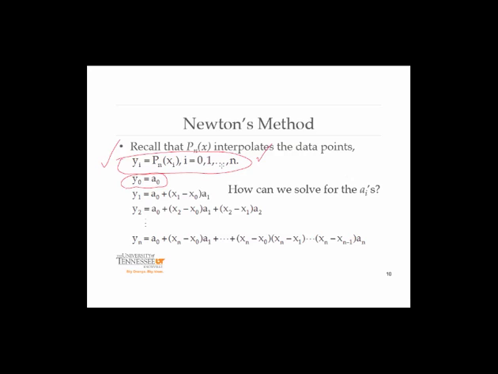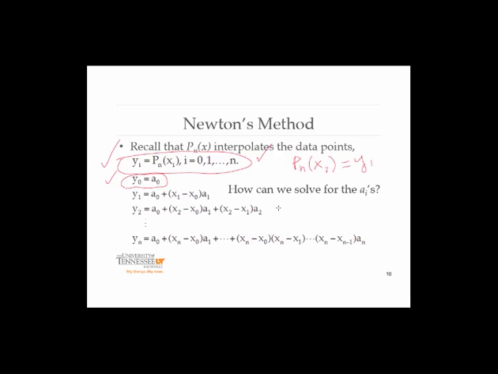This is the initialization, that y0 would have to be equal to a0, but then when you take into account x1, again, we have to have that Pn of x1 is equal to y1. It has to interpolate that data. So our Pn of x1 will have this particular form, right?